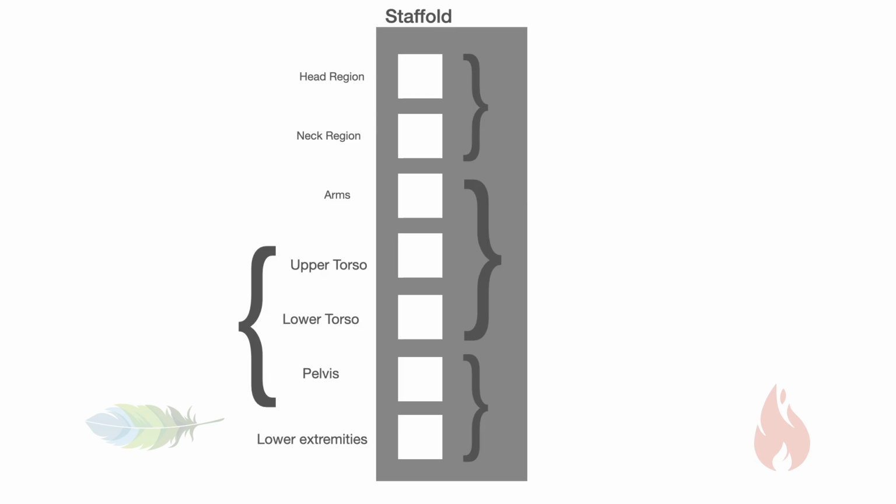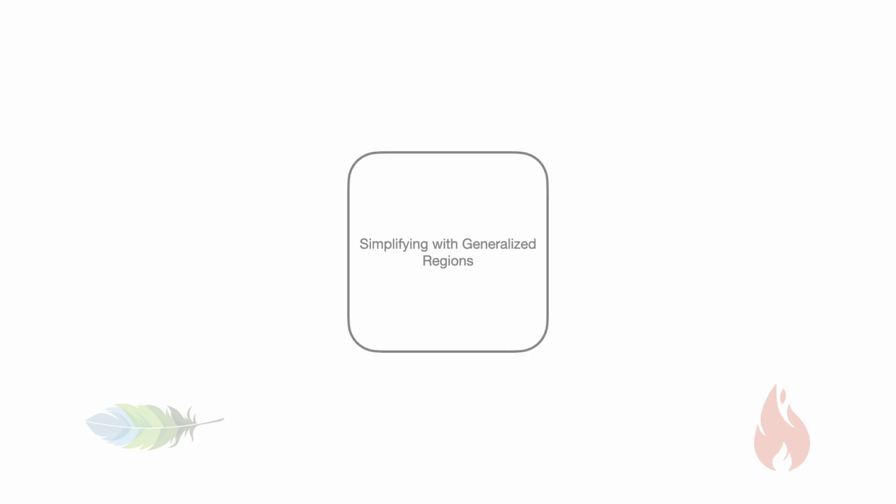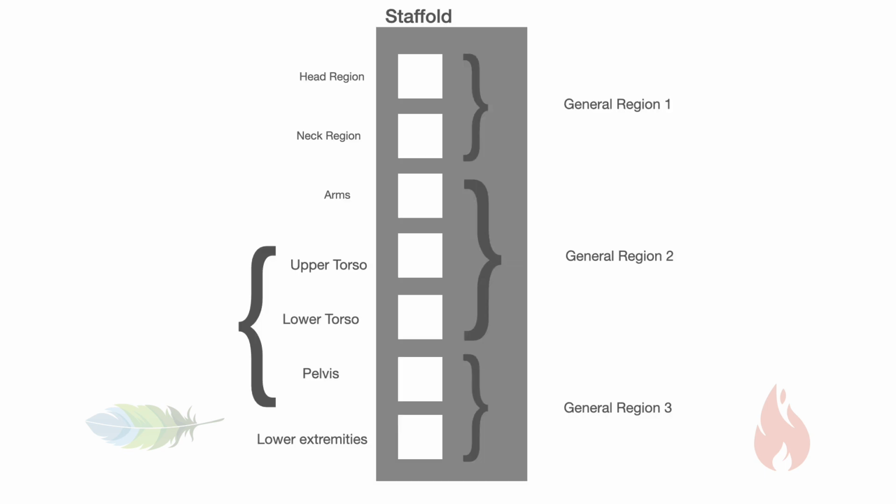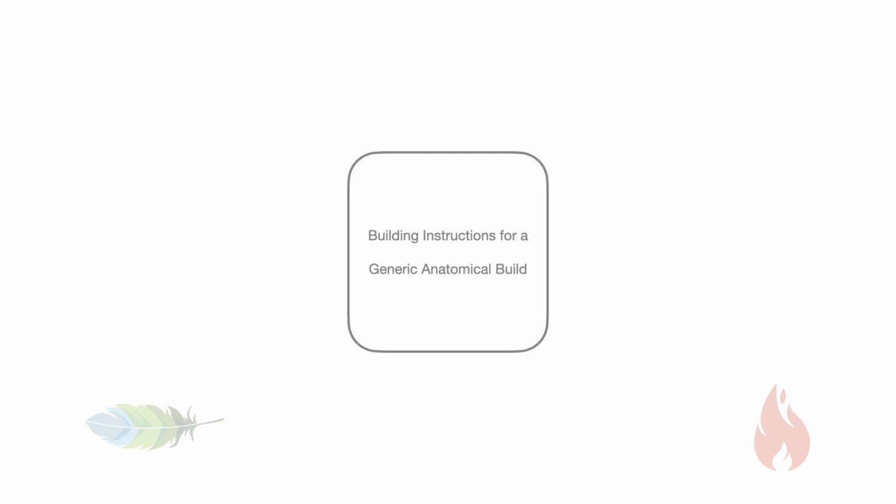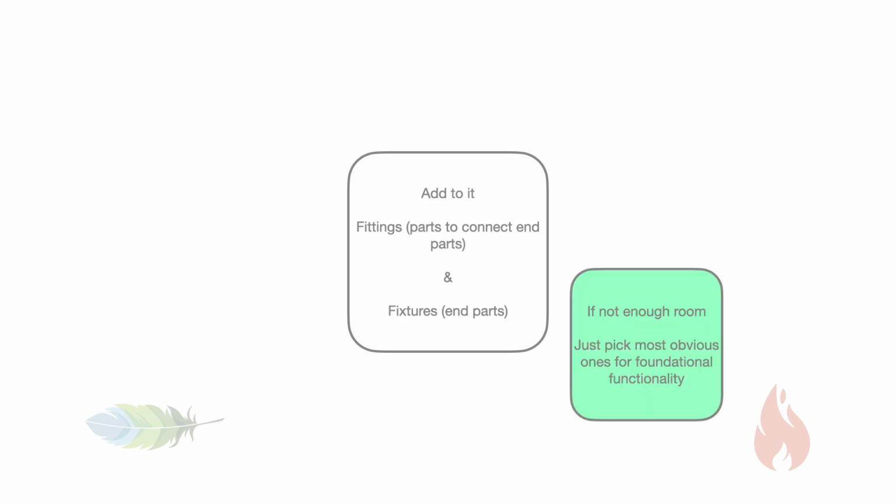And we'll go to the scaffold here and we'll hang with the generalized regions. And here are the instructions. This is just touching on the instructions from the first presentation. And we're going to add to that fittings and fixtures.